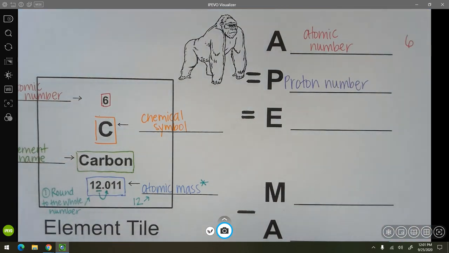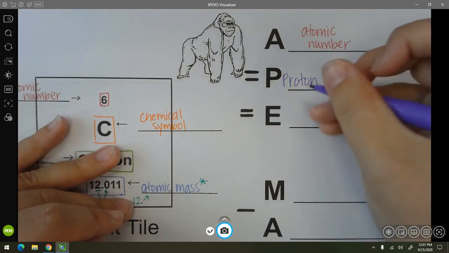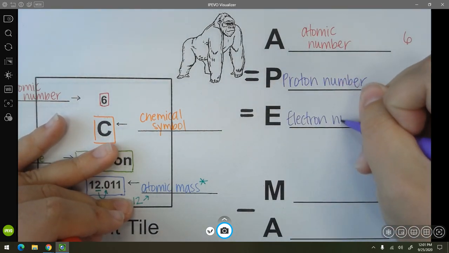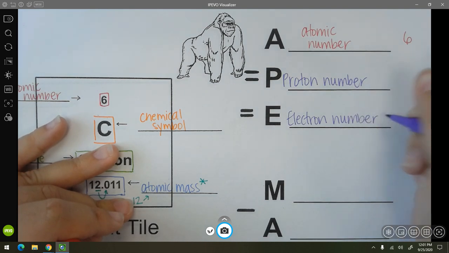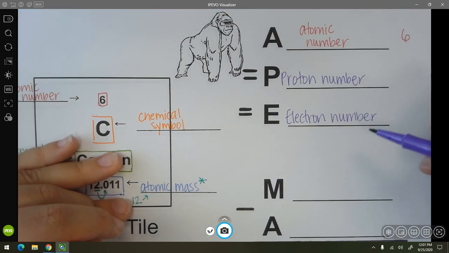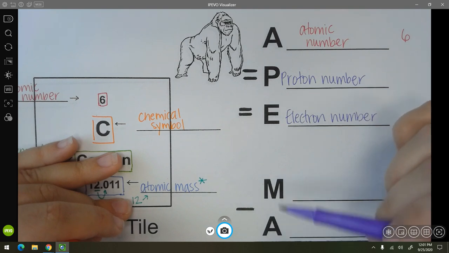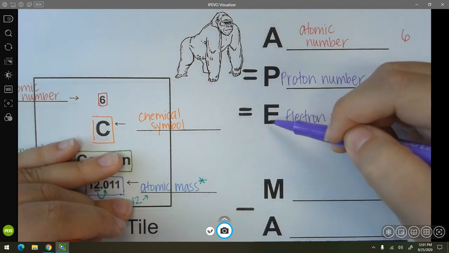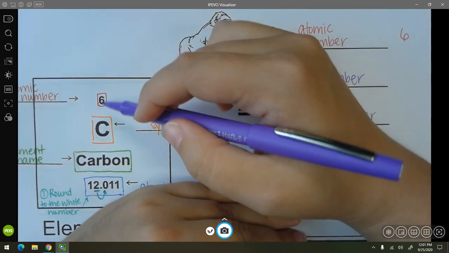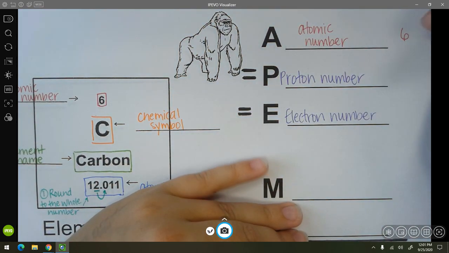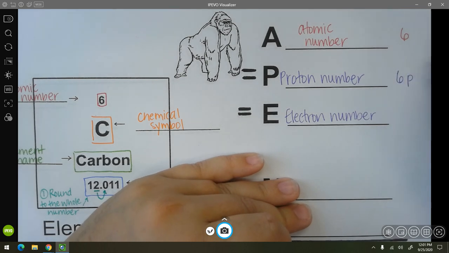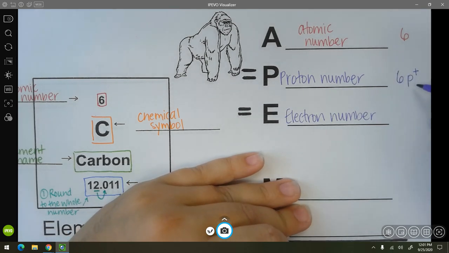Okay? And the E stands for electron number. So now that I've filled those in, APE MAN, so just APE for right now, A equals P equals E. So if I know the atomic number is 6, I know that there are 6 protons, and that's how I can write protons really easily.